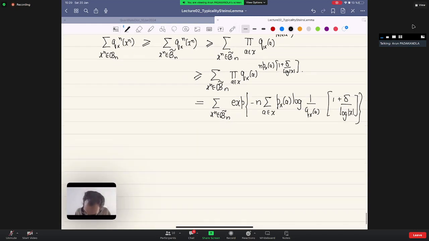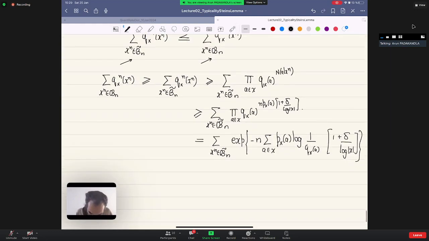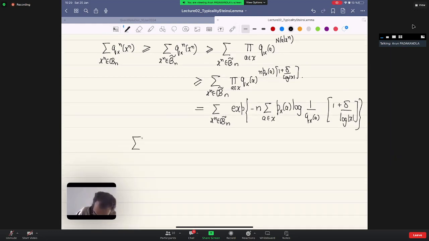So I also know this. Yeah, so I know this. Now what I do, I use the fact that I have this Pxn of xn, Xn belongs to B tilde. And what can you say about this?